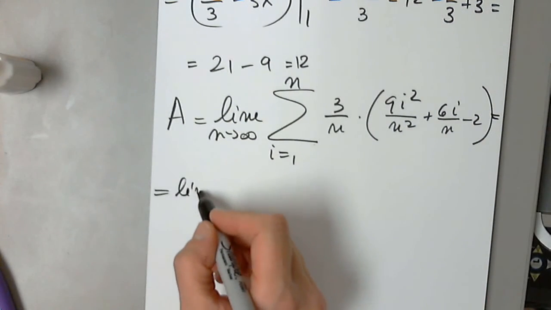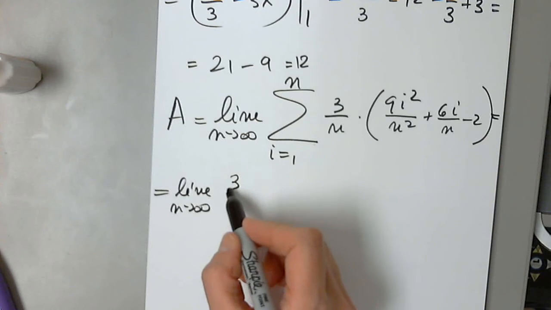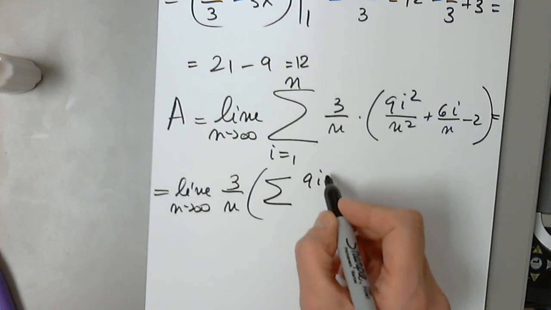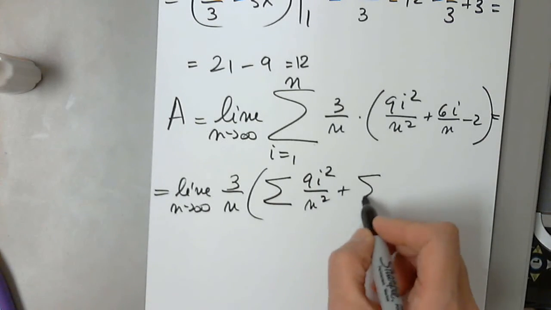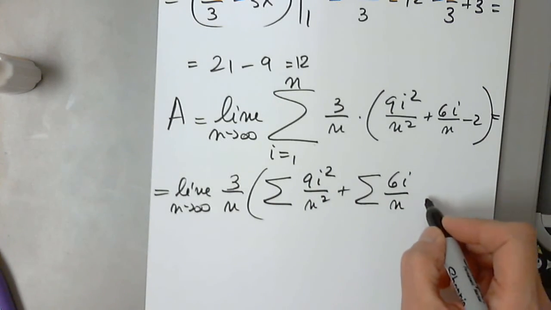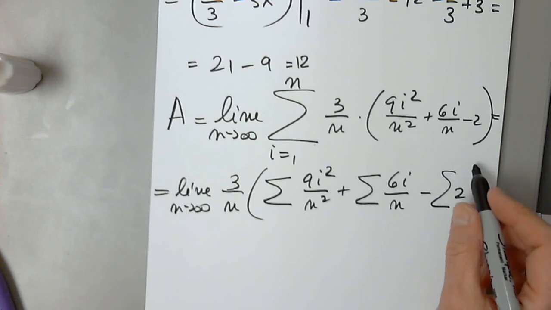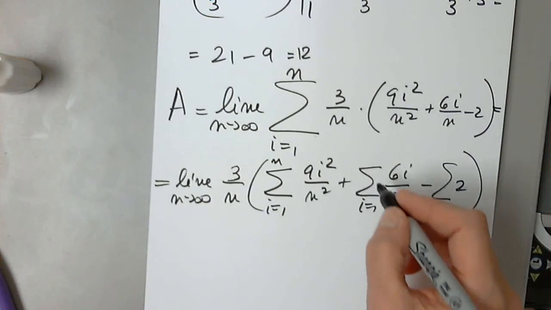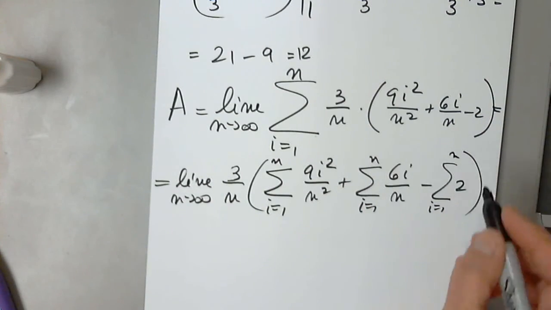So, limit as n approaches infinity, 3 over n, the sum of 9i squared over n squared plus the sum of 6i over n minus the sum of 2. Of course, from i equals 1 through n, from i equals 1 through n, from i equals 1 through n.